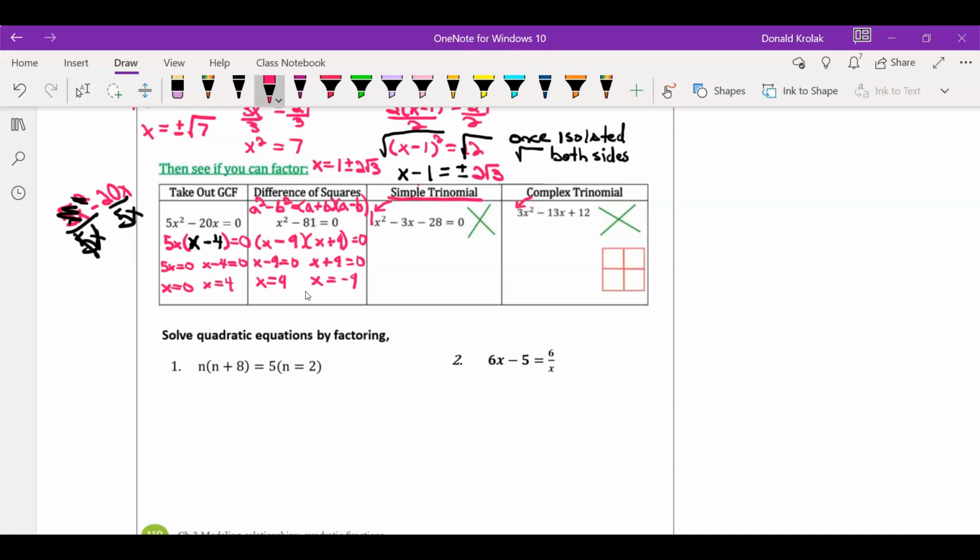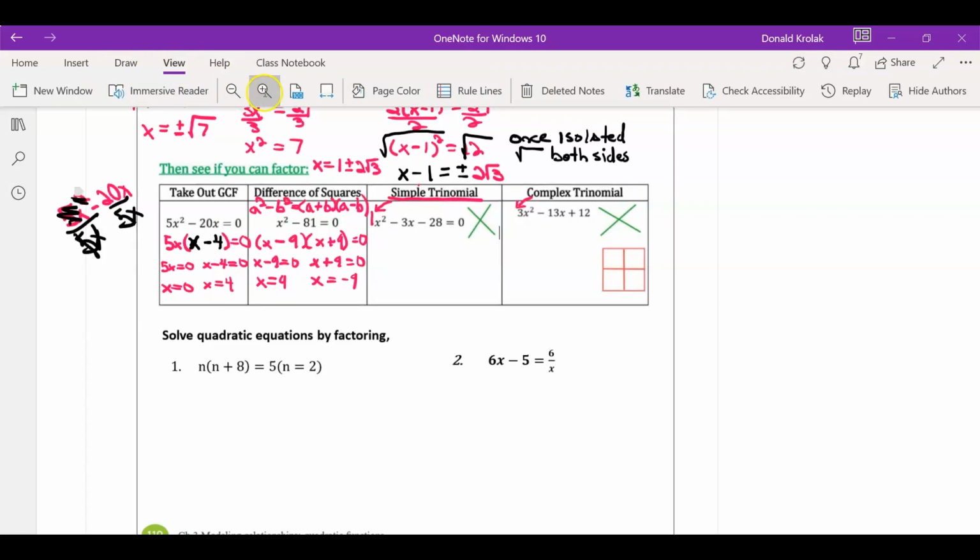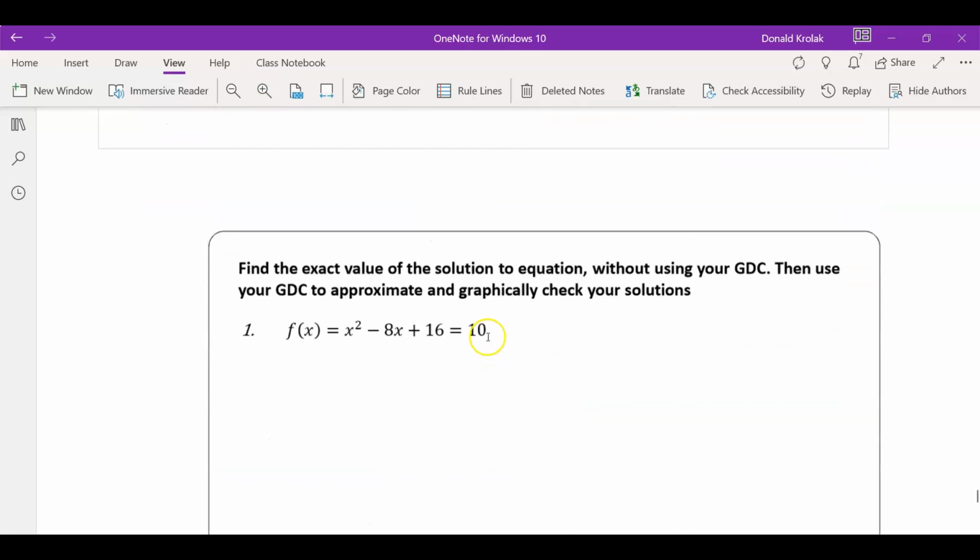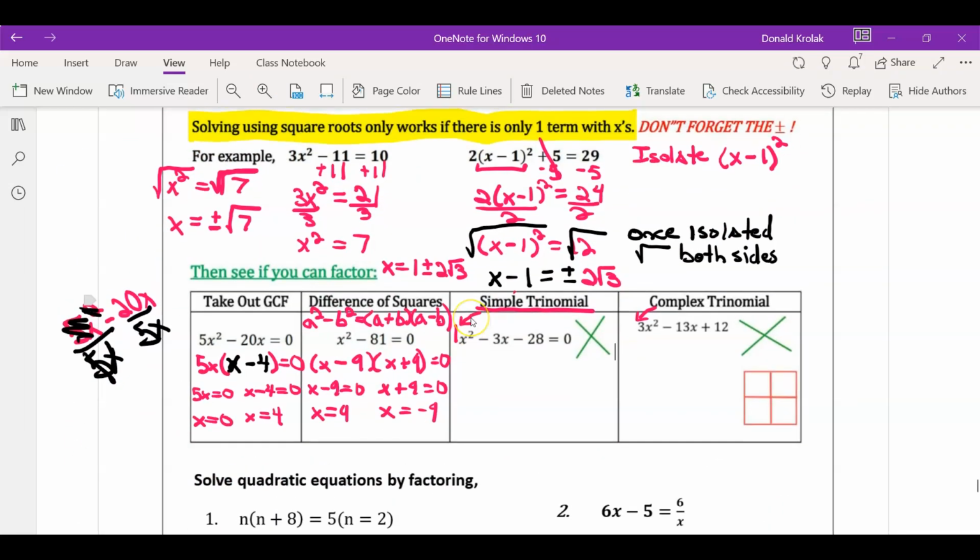Simple trinomials, pretty straightforward. What multiplies together to be negative 28, and at the same time adds together to be minus 3. So multiplies together to be negative 28, adds together to be negative 3, and what would that be? Negative 7 and 4? Yep. So negative 7 times 4 is negative 28.